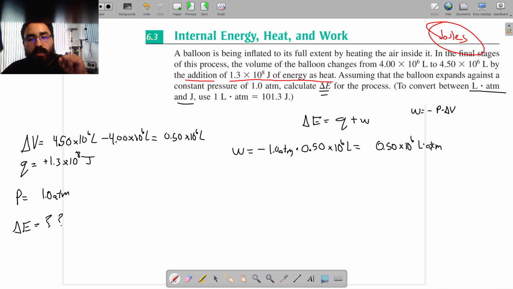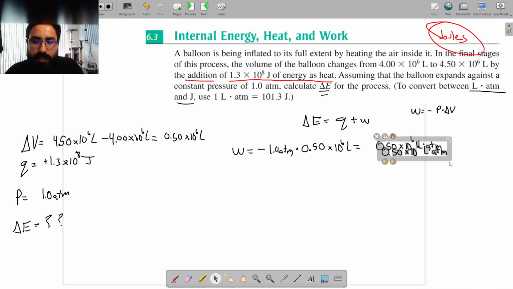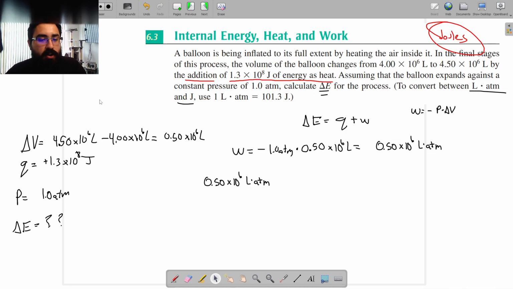All right, but we don't want these units. We want joules. So we're going to take these units and convert them using what they told us. They told us 1 liter times ATM. So we're going to put 1 L times ATM because the units have to cancel. And then we want joules, so joules goes on top.